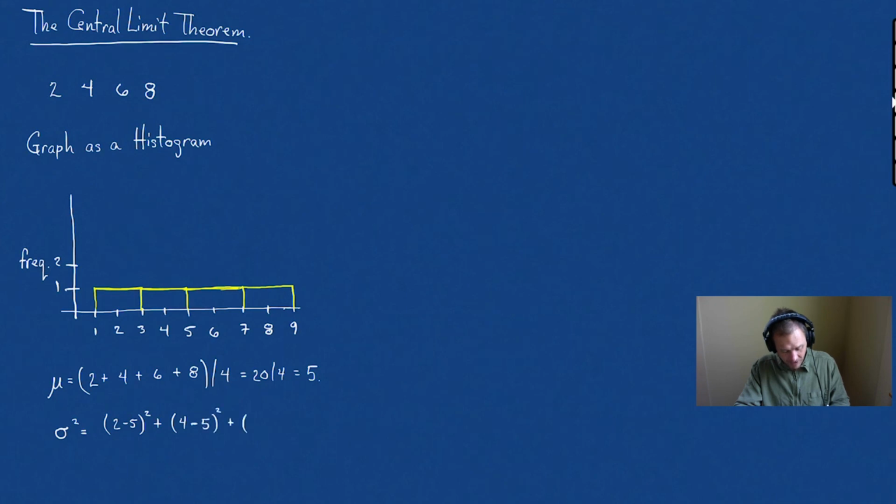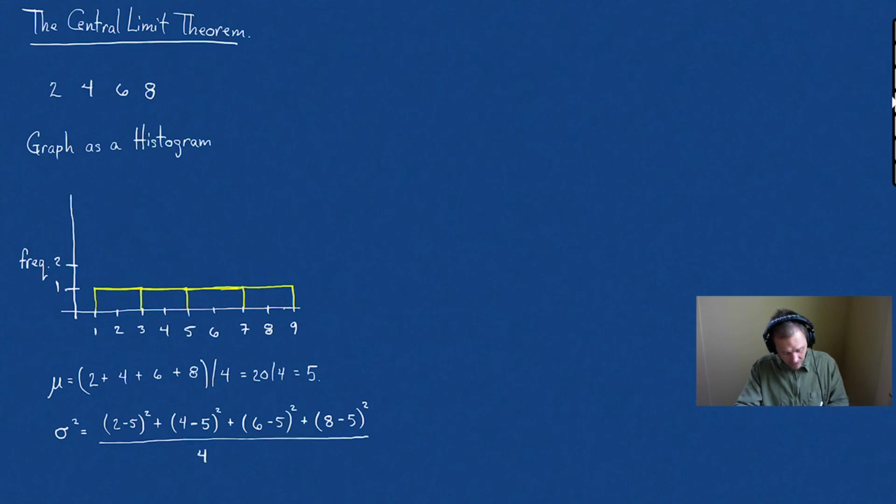Plus the next data value, 6 minus 5, squared. Plus our last data value, 8 minus 5, squared. We take all of that, divided by the number of data, that's 4.